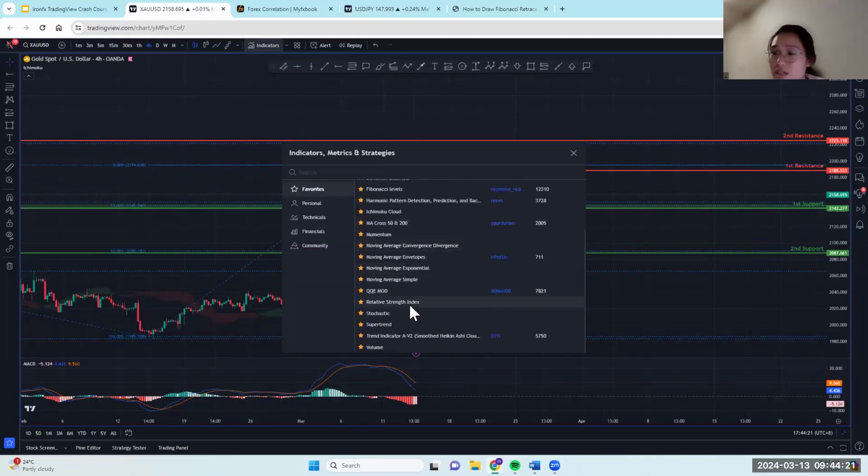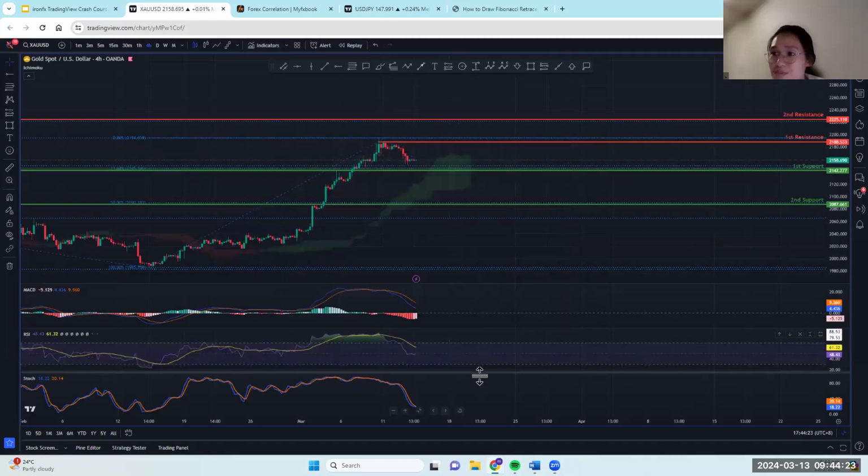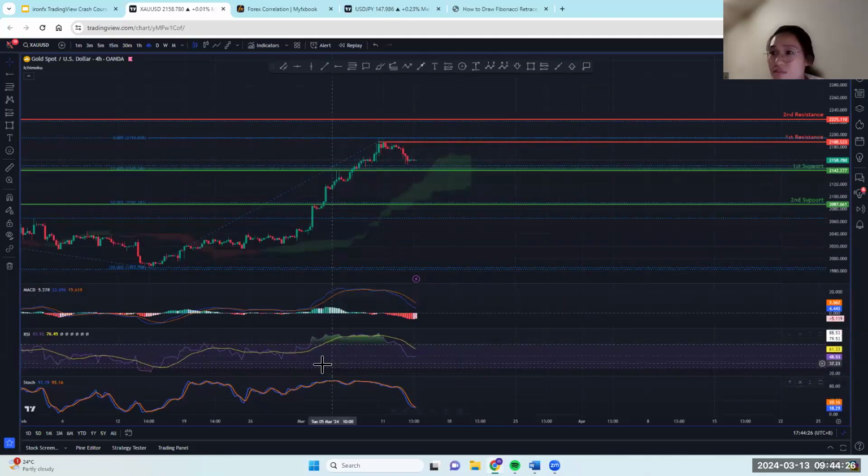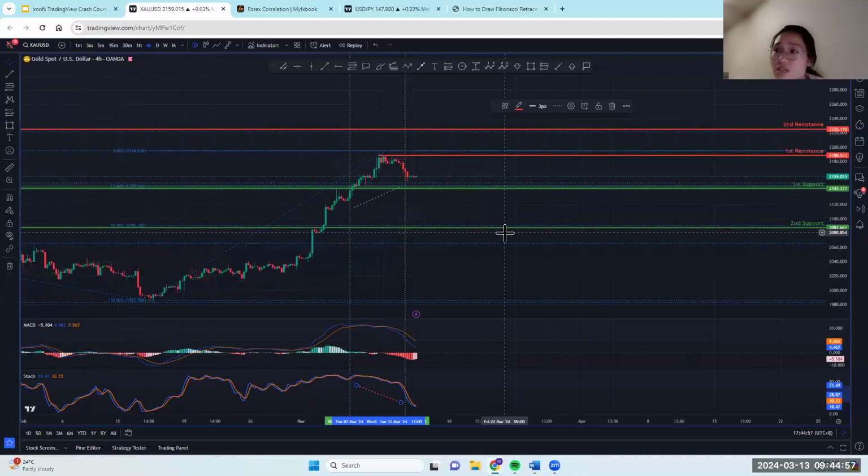If we look at RSI and stochastic, okay, between these two areas, we have the same thing as earlier. Price is making a higher low, whereas on our stochastic, it is moving in a lower low, which is also giving us a bearish signal. So it also supports our analysis.